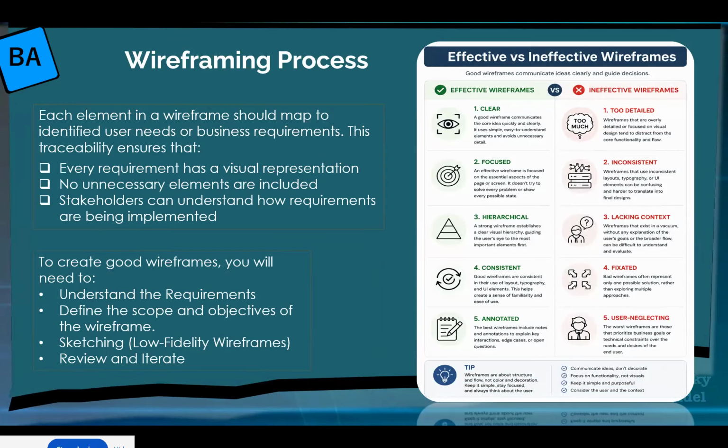It has to be very, very clear, simple, easy to understand, no unnecessary detail or additional things that aren't required. Make sure it's focused on the user story. Remember, your user story is based on a particular requirement. So make sure that the accompanying wireframes, it's not just one. Sometimes you can have multiple wireframes for each user story. Make sure that they're all focused on what the user story and the acceptance criteria cover.